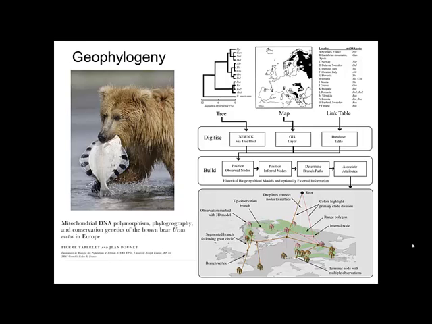So in Finland, they saw the Rus haplotype, but in Slovenia, they sampled both the slow and the crow variants. These are just variants. So we've got a tree, we've got a map, and we've got a table which tells us where we saw each tip of the tree.